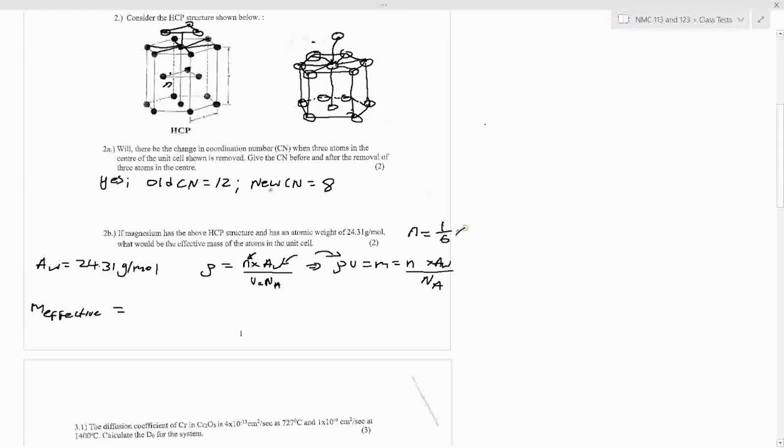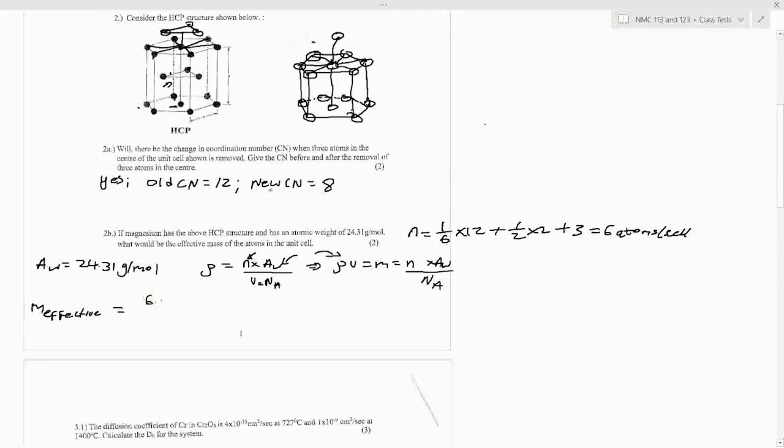We have 12 atoms with a contribution factor of a sixth. These are these atoms: 1, 2, 3, 4, 5, 6, 7, 8, 9, 10, 11, 12. Then you have 2 atoms contributing a half. These are the basal atoms, this one and the one at the top. And you have 3 full central atoms. They're in the middle of the cell. So that gives 6 atoms per cell.